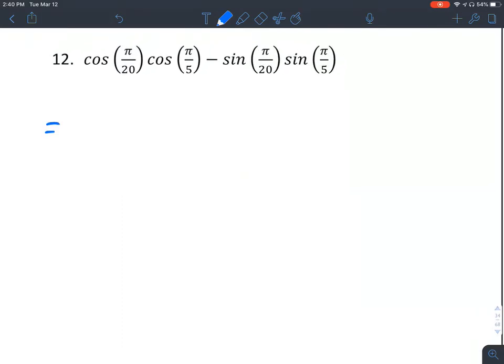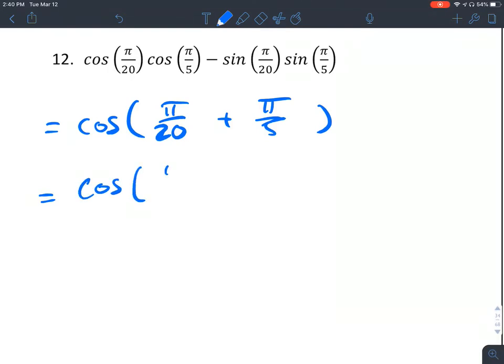This looks very similar. This is the expanded version of the sum identity for cosine. It's a sum because the expanded version has a minus. Our angles are pi over 20 and pi over 5. If we add those together, we're going to need common denominators.